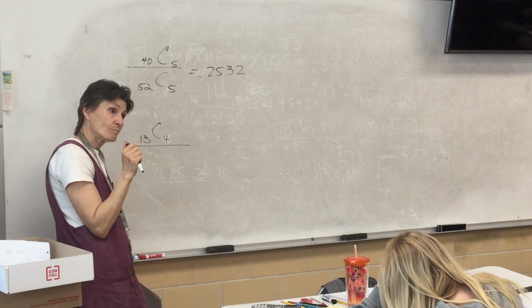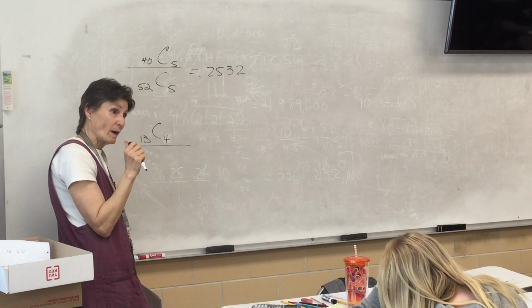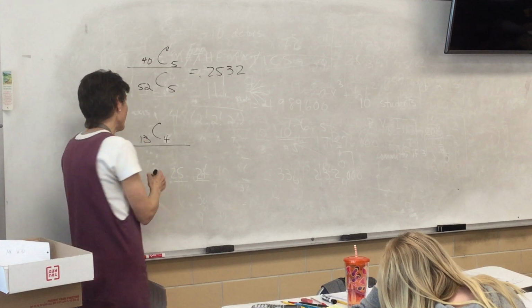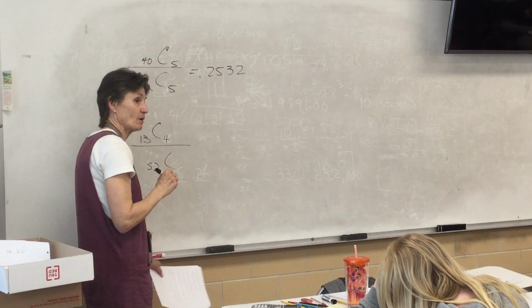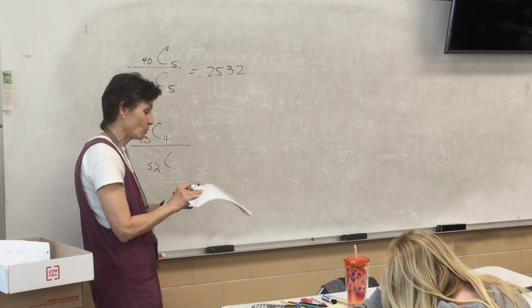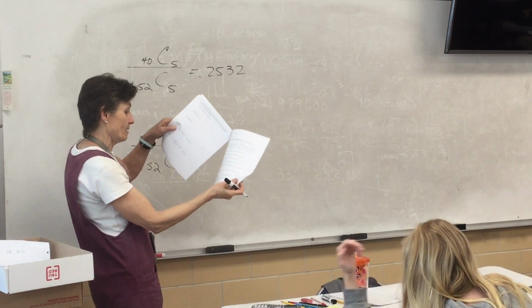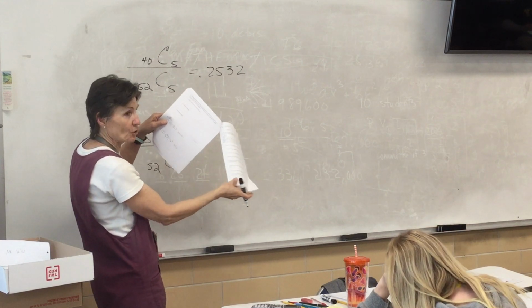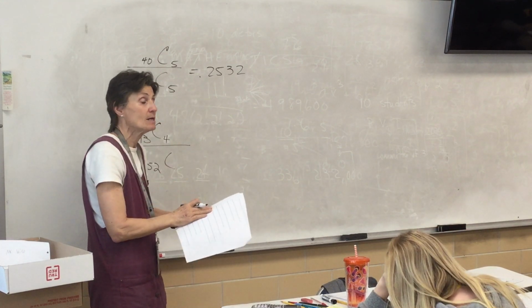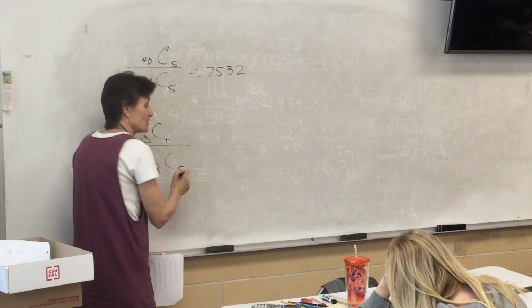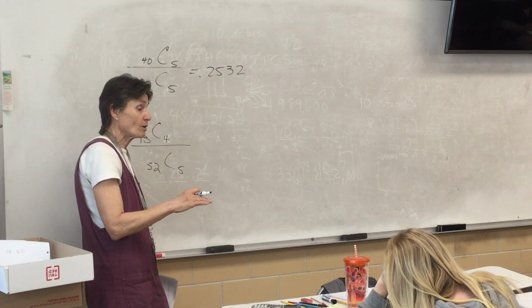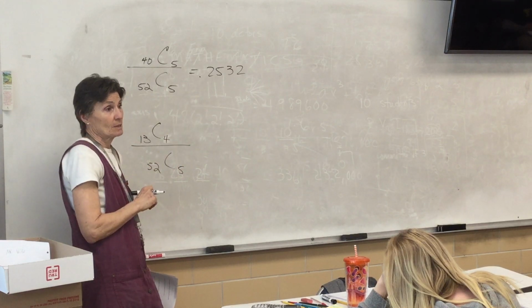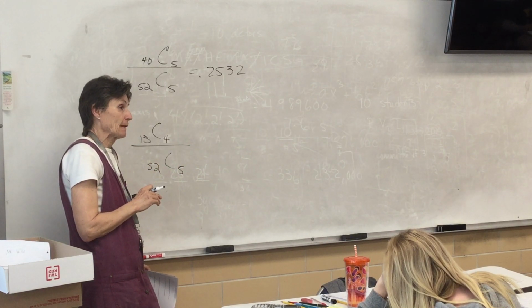Would it be 52 C 4? Okay, it would be 52 C 4, except it's a 5-card hand. I didn't put it in the question specifically, but it's in the major directions for number 2. These are all 5-card hands. So my denominator is going to be 52 C 5, because it's a 5-card hand. If it were a 4-card hand, it would be 52 C 4, but it's a 5-card hand.